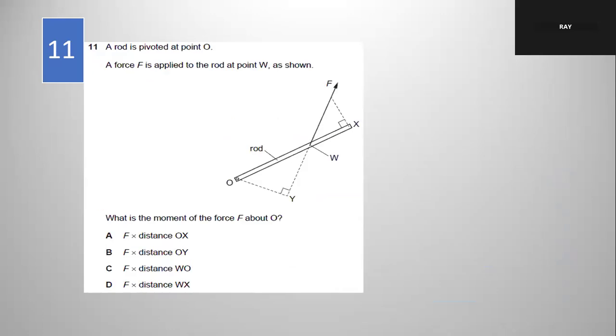A rod is pivoted at O. That's your O. A force is applied to the rod at point W, as shown. That's your point W. What's the moment of the force about O? What's your answer?